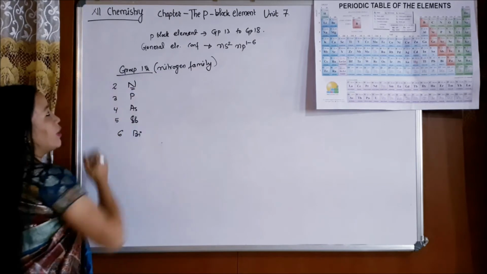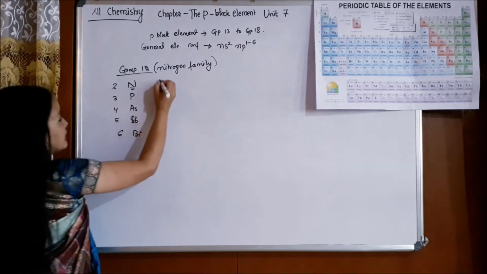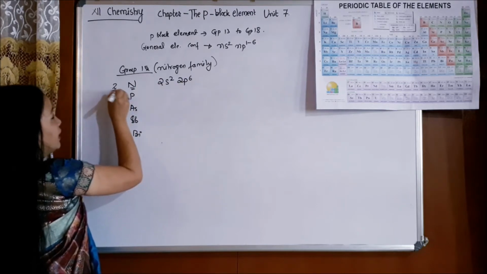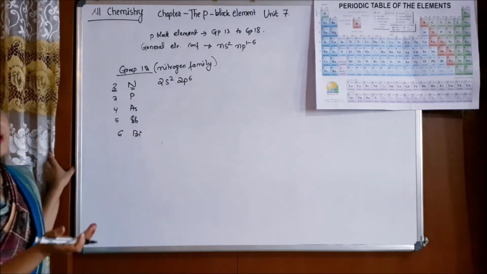The valence electronic configuration of nitrogen is 2s2 2p3. The period represents the valence shell.